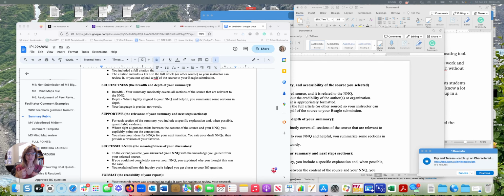And again, your summary, that I think it's section number 4 in your report, needs to have the same headers in it as the document that you reviewed, the source that you reviewed. And that way I can look at small chunks at a time and compare how you're thinking about the information in the source and how that comes into play for your particular next natural question and obviously your big goal question.